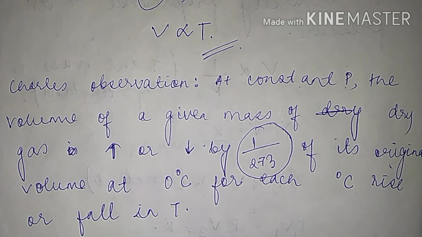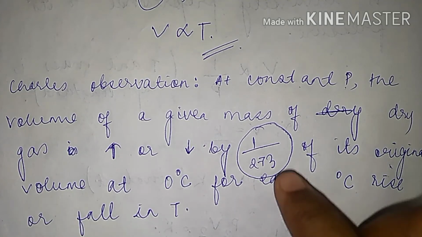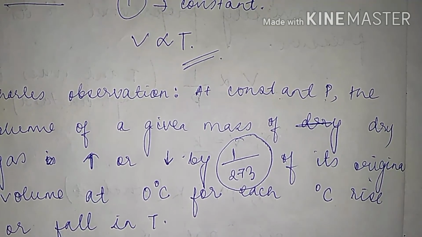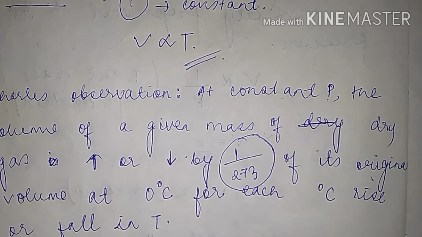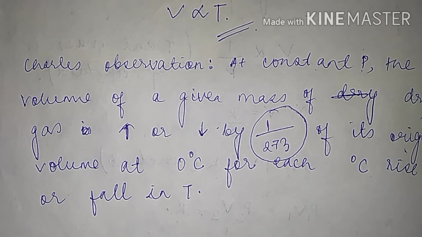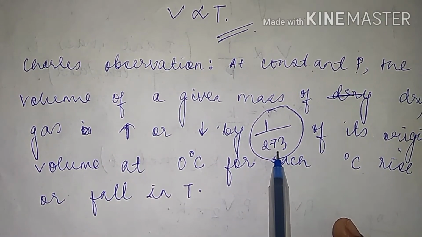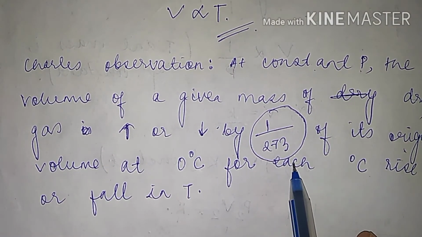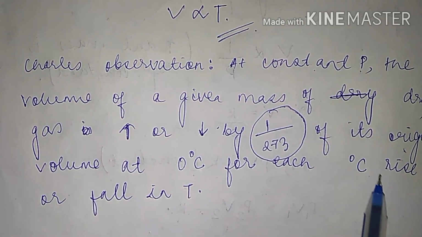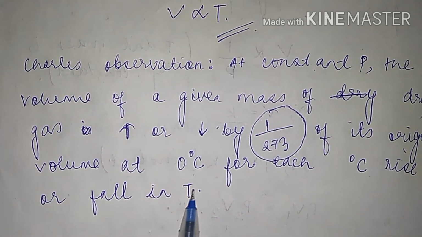It means that whenever we keep the pressure of a given mass of a gas constant, the volume will increase or decrease by the factor 1 by 273 of its original volume. Say the original volume is V, then each time it will increase by V by 273 or decrease by V by 273 at 0 degrees Celsius for each degree Celsius rise or fall in temperature.